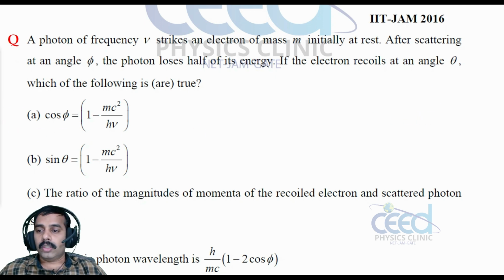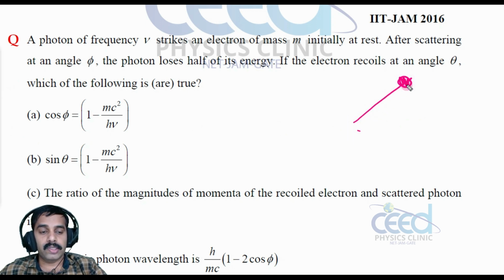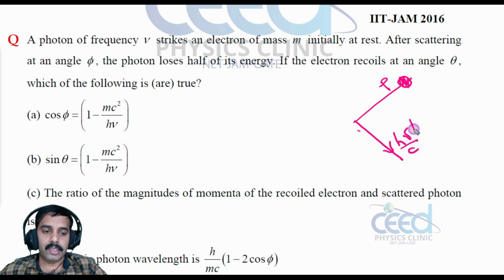So we are considering the photon and the electron. Suppose my photon is in this direction, with momentum h nu by c, and the electron is in this direction with momentum p. The scattered photon is in this direction with momentum h nu dash by c.